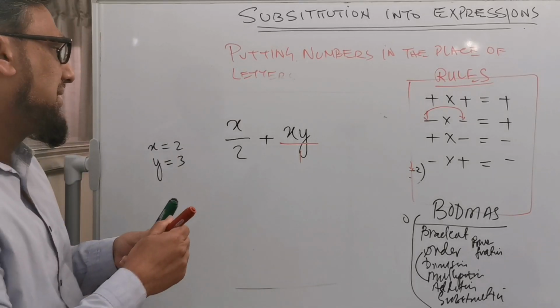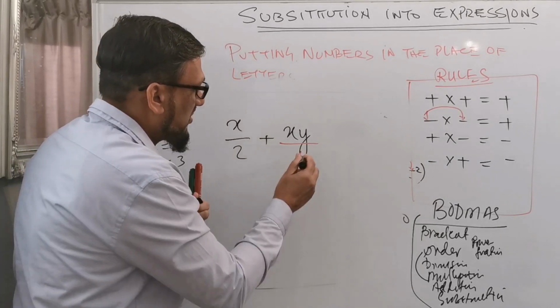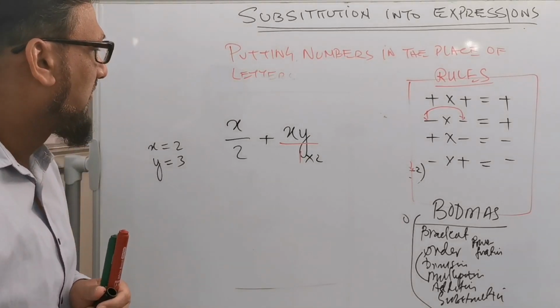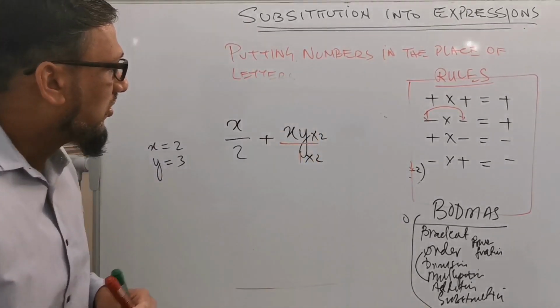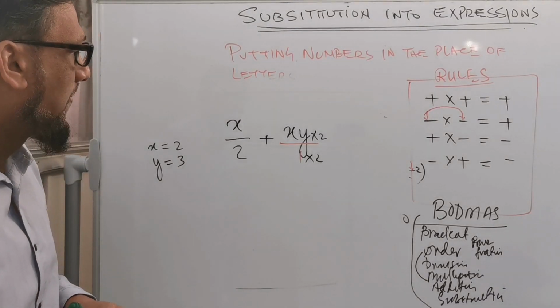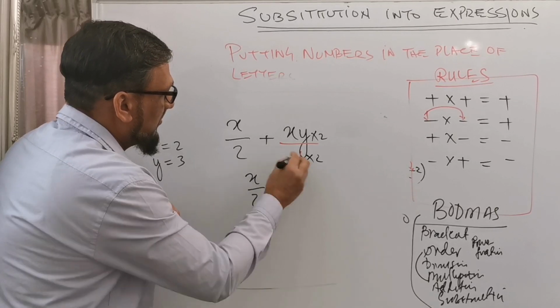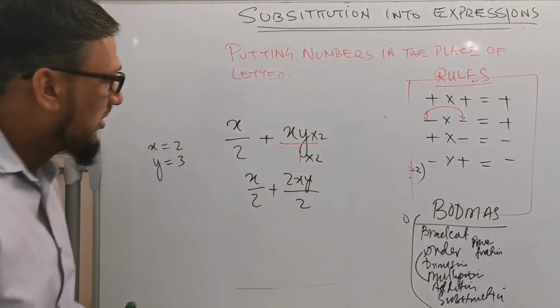So there is a 2 there, so I need to multiply by equivalent fractions, which is times by 2, and also I need to times this one by 2. So now the expression becomes x plus 2 plus 2xy over 2.